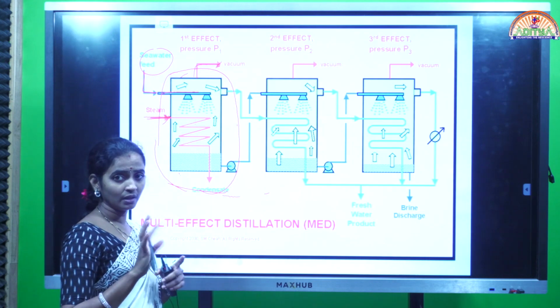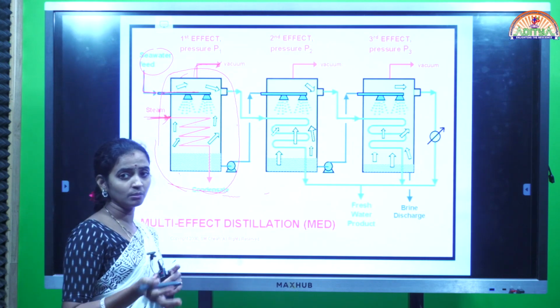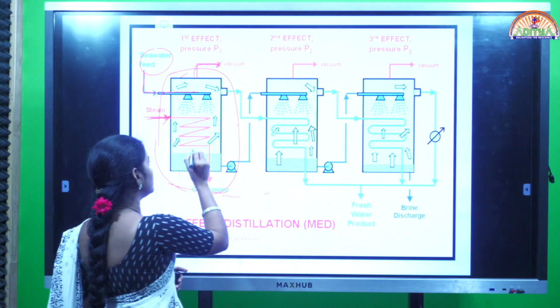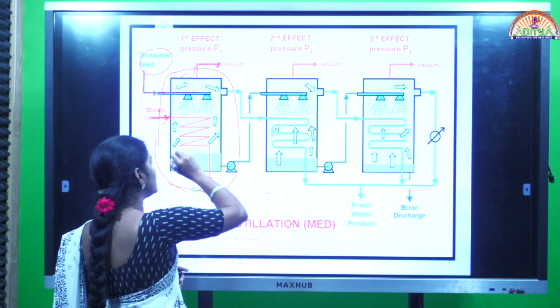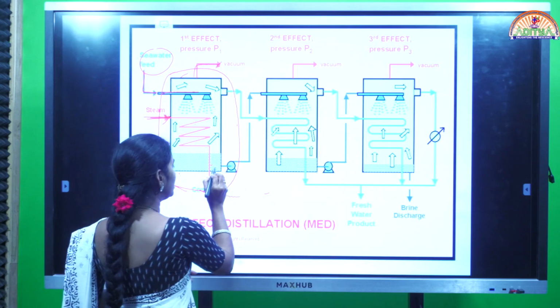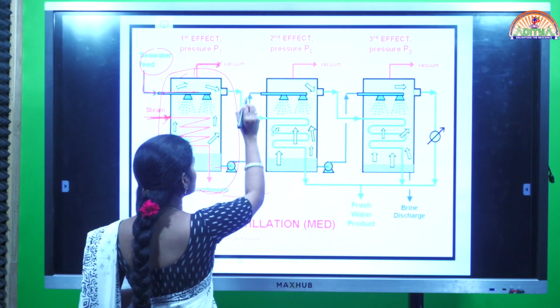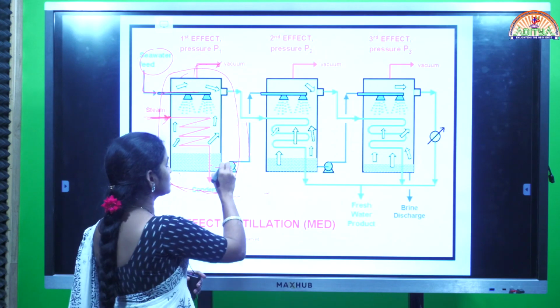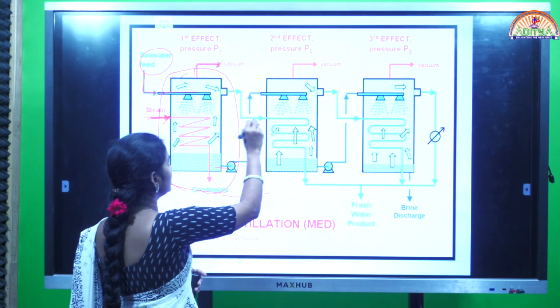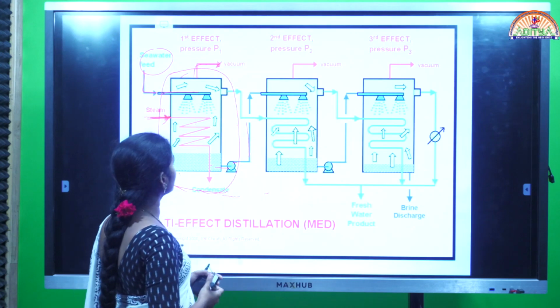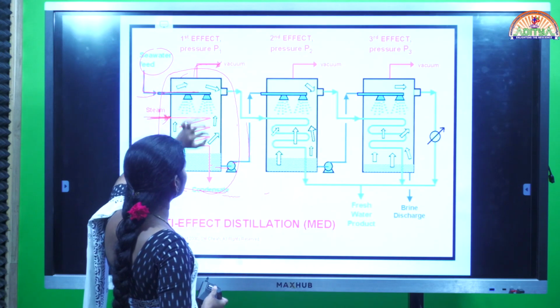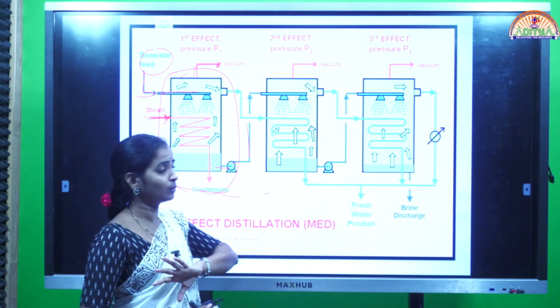Now after the boiling, the water will start the vaporization process. Nothing but the water will be converted to steam. Now the steam produced in the first chamber will be passed into the second chamber. See this one, the dark blue color we can observe, that is nothing but potable water only.